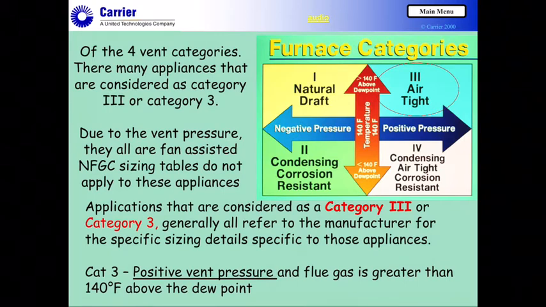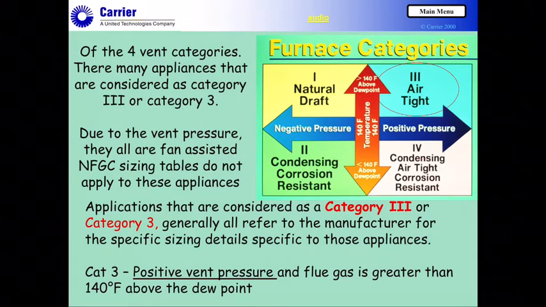All of the category 3 appliances are going to have an inducer motor that not only has to overcome the resistance of the furnace or the boiler, but it also has to have enough pressure built up and enough energy in its process that would allow it to push those products and overcome the resistance of the vent system. So that's kind of a big characteristic.